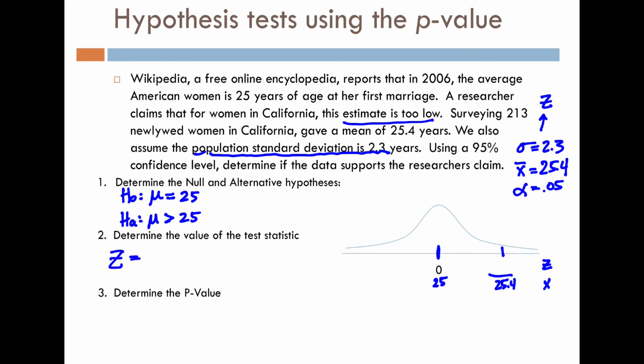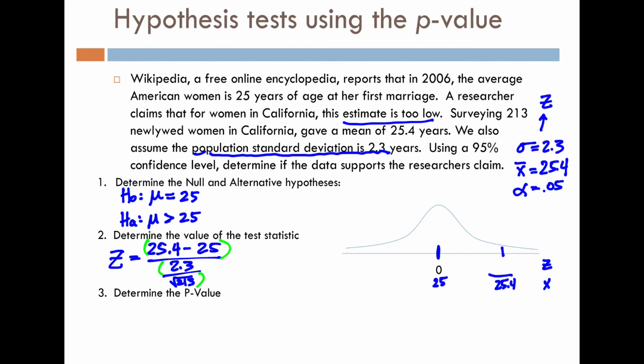So now we determine the test statistic. I got my random sample, 25.4 was the result of that. We're going to divide that by the standard deviation 2.3 over the square root of my sample size, which was 213 women. Again, you want to put parentheses if you're putting this all in at once, but you have to put parentheses for that bottom.